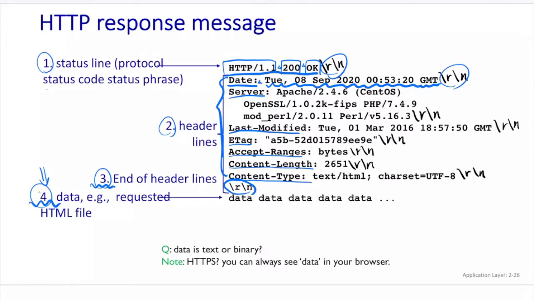So a text-based protocol is much easier to extend. For example, as we can see, there are 7 different headers in the second part, right?